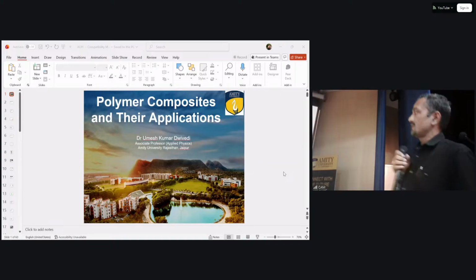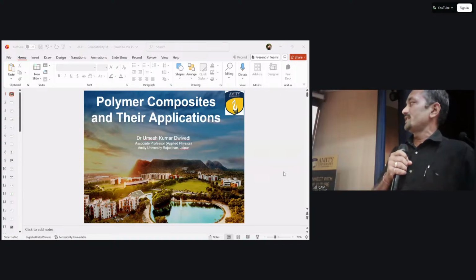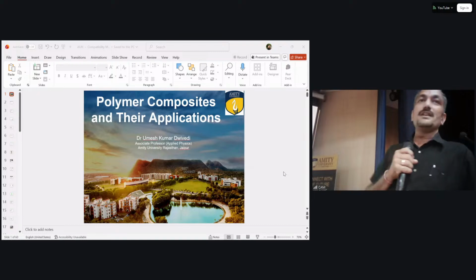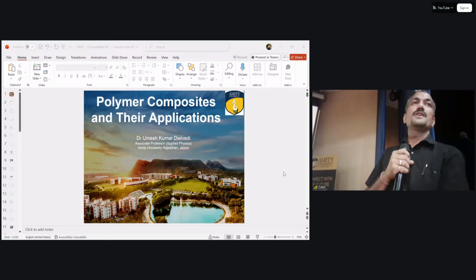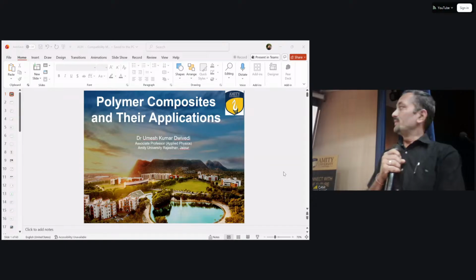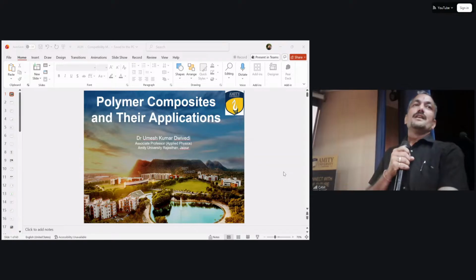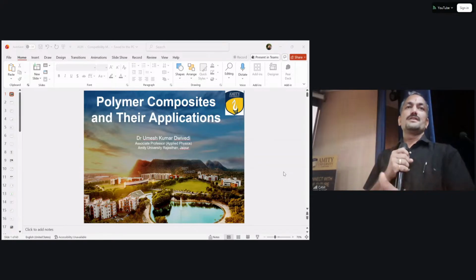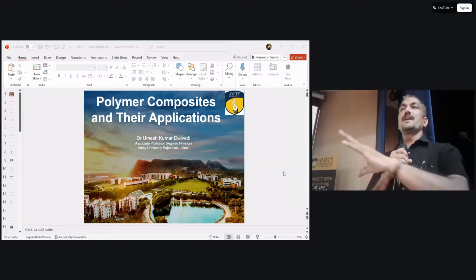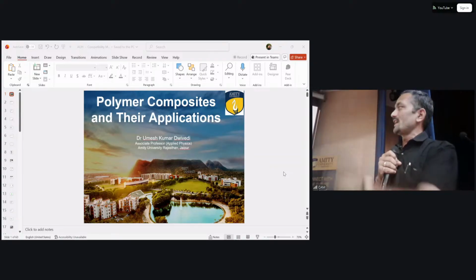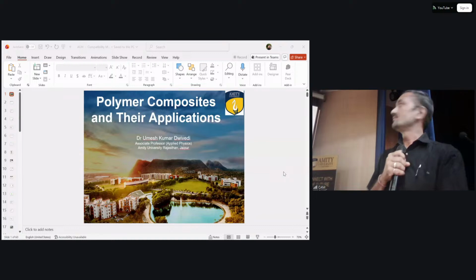We can play with the process and subsequently with the interface, orientation of fiber, and dispersion of filler to get the desired material property. We can play with all these parameters and make the desired material as you want. This is the beauty of composite material. And we can play with polymer composites because they have a lower cost, and in a laboratory at room temperature we can make them easily.